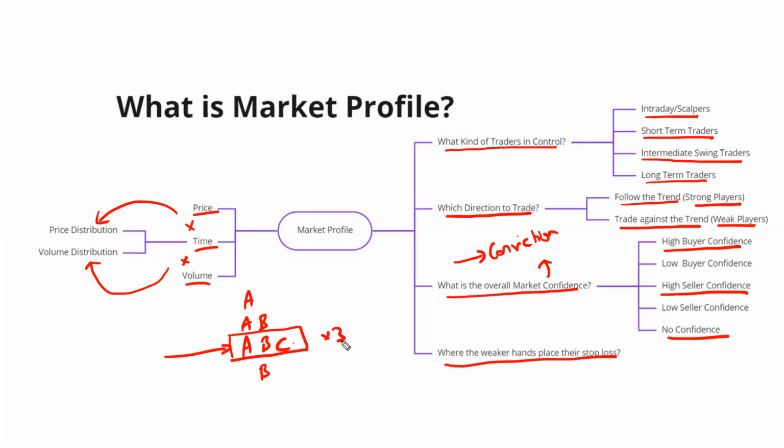It is getting tested three times in a row, every half hour once, with the letters A, B, C touching that particular level. This is what we call price into time. Likewise, you're also seeing volume into time. Volume into time is what we call a volume distribution or volume profile, and price into time is what we call a price distribution, or the market profile.